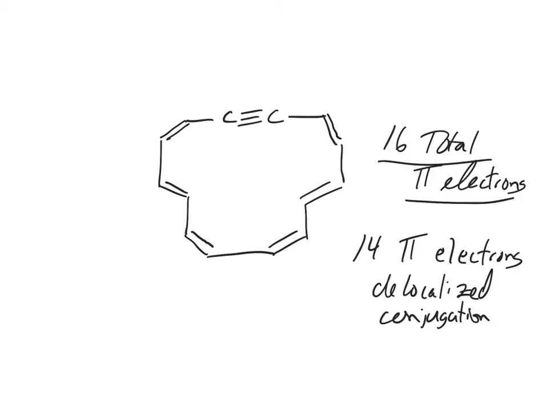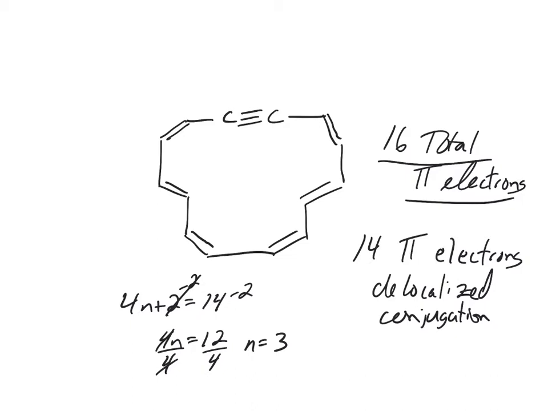So there's 14 electrons. So we can say 4n plus 2 equals 14. 4n equals 12. N is equal to 3. Molecule's planar. It's cyclic. Has an uninterrupted pi system. And has a whole integer for n in 4n plus 2.